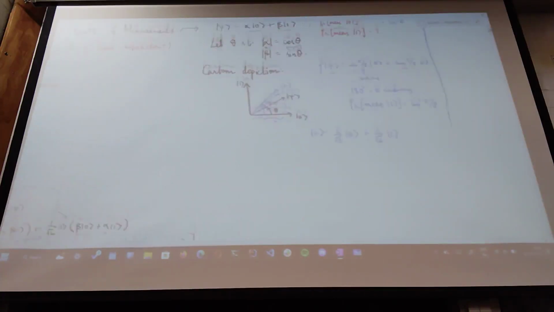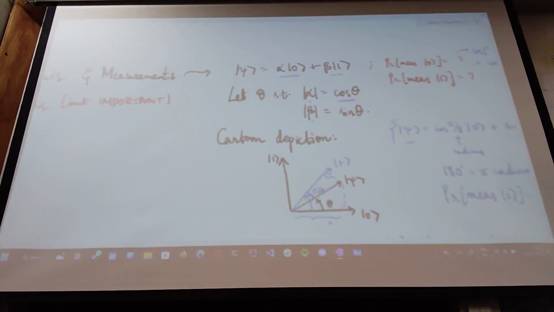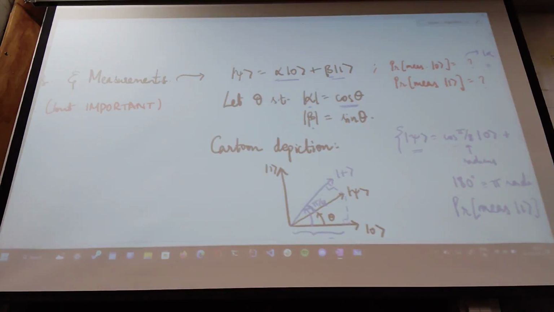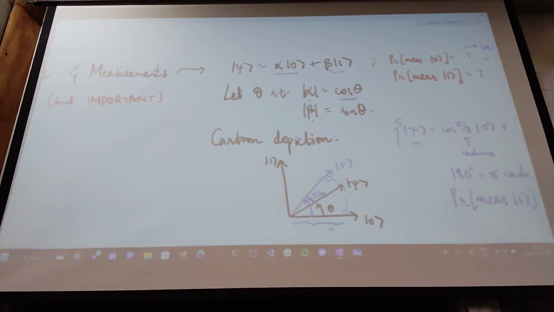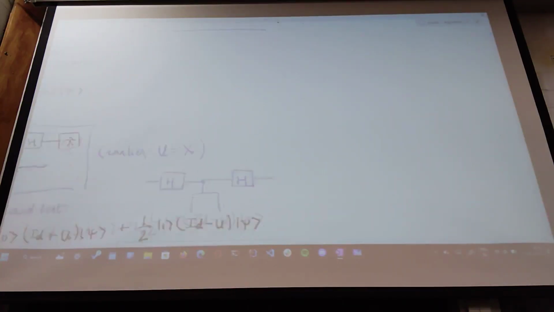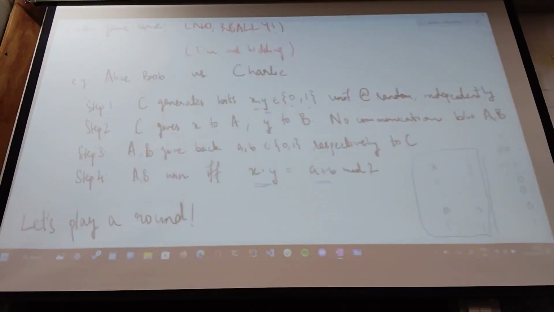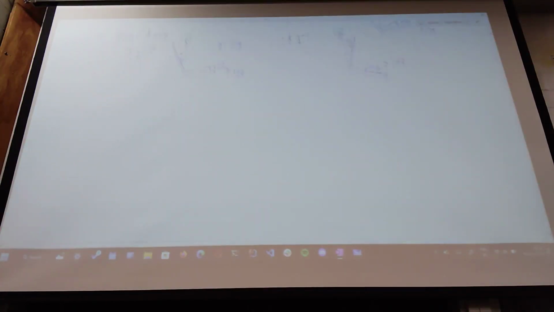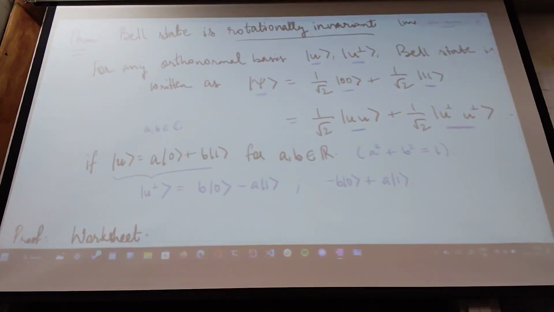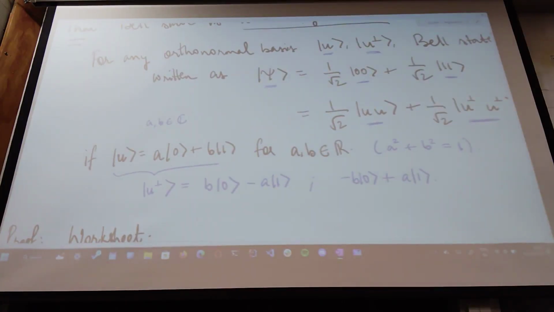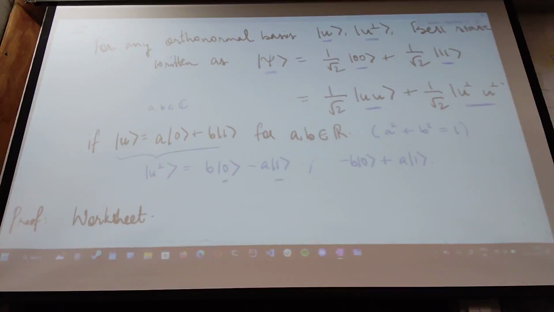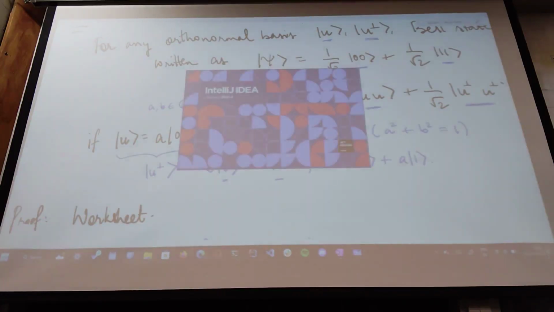By writing any state psi as alpha 0 plus beta 1, but in this case alpha beta were complex numbers, not real numbers, and that's where the difference comes in from. Now, anyways, the proof for this is just computation. You just substitute this in, you find what 0 is and what 1 is, because this gives us a simultaneous system in two variables, and you can solve this easily by just adding and multiplying.